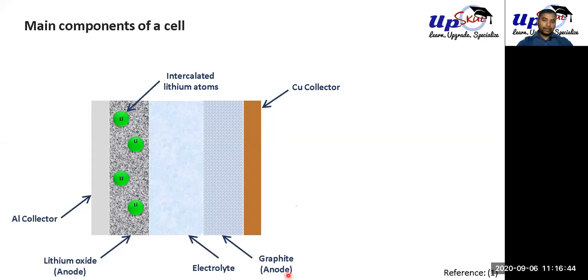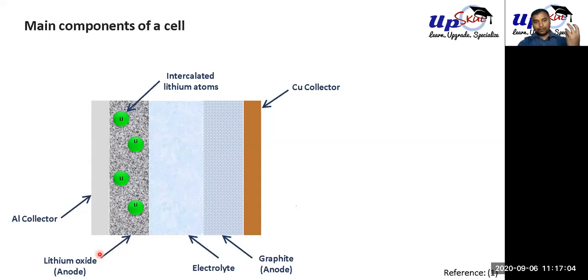But how do we figure out which one is actually the anode? The rule is very simple. The copper collector will always be with the anode, and the aluminum collector will be with the cathode. For a battery, remember one thing: anode is the negative side, cathode is the positive side.